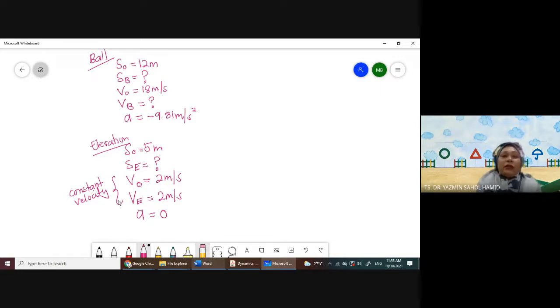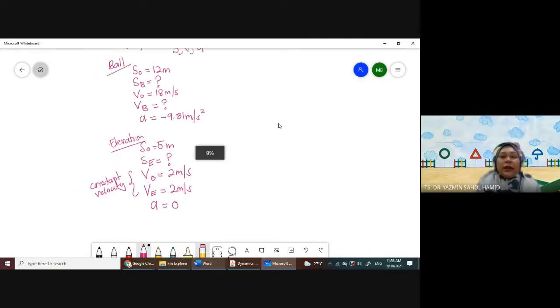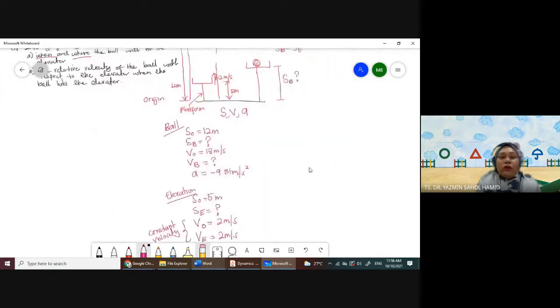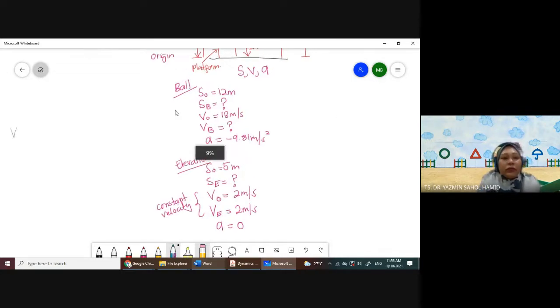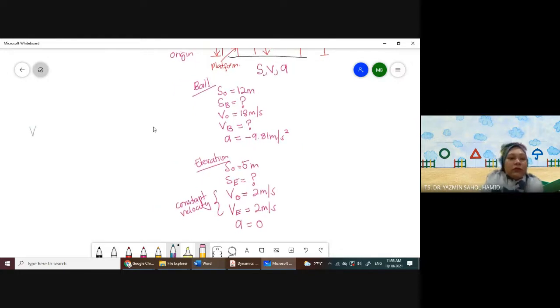Now, we have the motion of the ball, we have the motion of the elevator. Next, we need to decide which basic kinematic equation to use. I will always advise my students to write down the basic kinematic equations again and again every time you answer a question. So what are they?